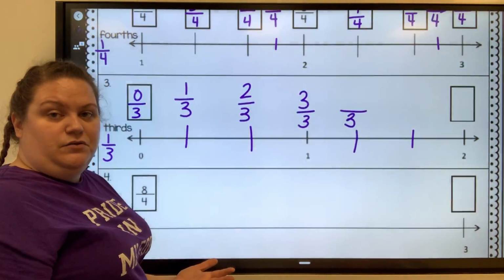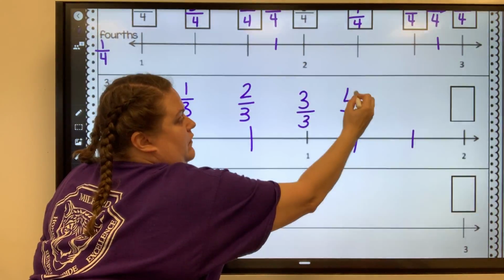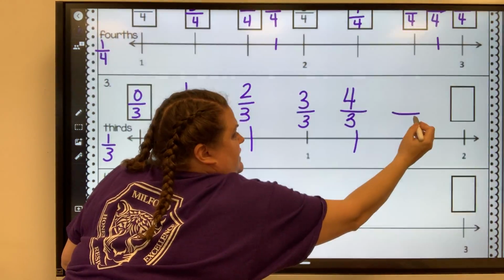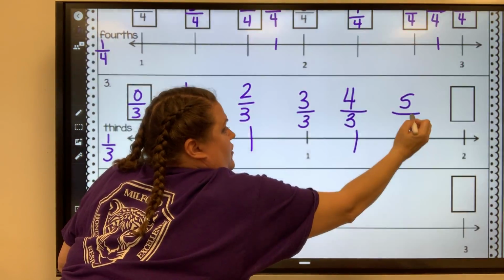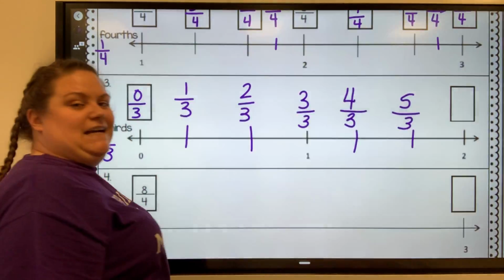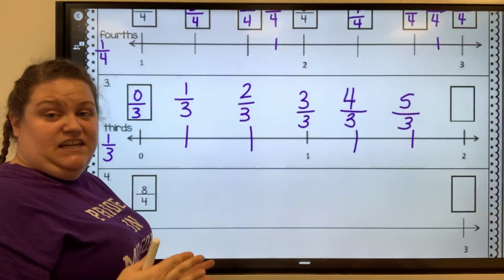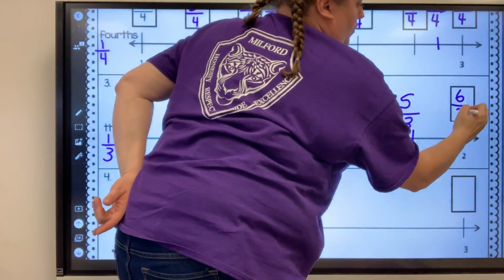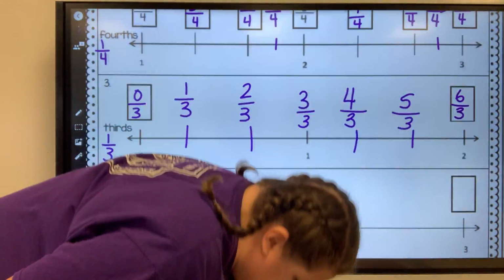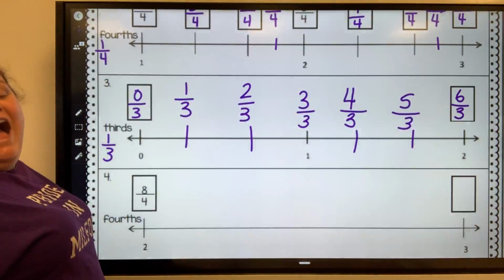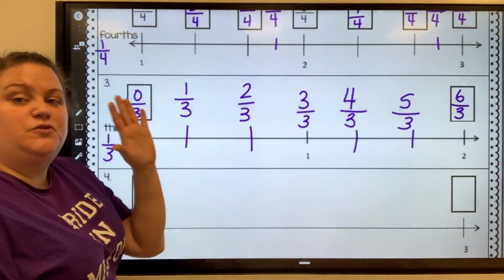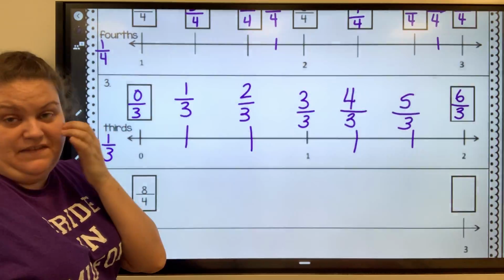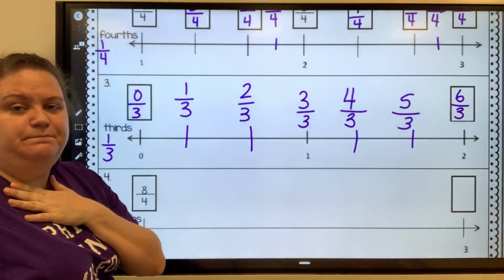My next numerator is going to follow the pattern and be a 4 over 3. After that, we're going to have 5 over 3. And the last one is going to be 6 over 3, because that is what equals 2 wholes. If I divided 6 by 3, I would get 2, because we're dealing with 2 whole pieces when we get down to that end of the number line.